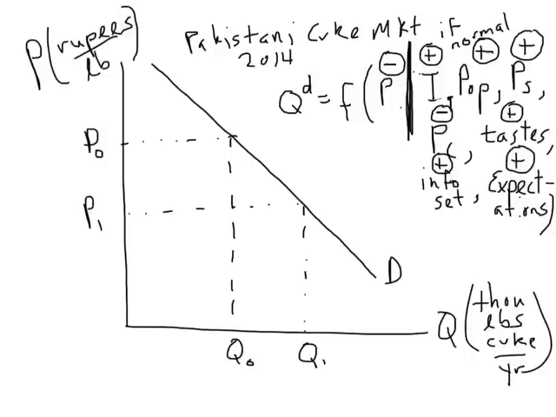In doing that, they drive today's price up. So if I expect the price of cucumbers to go up, chances are I'm going to stock up today instead of paying the higher price tomorrow. And that's going to affect my quantity demanded today.